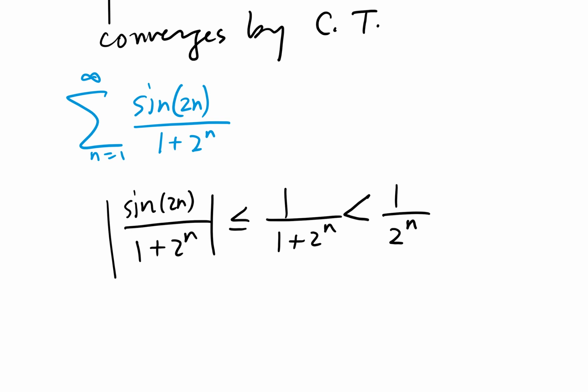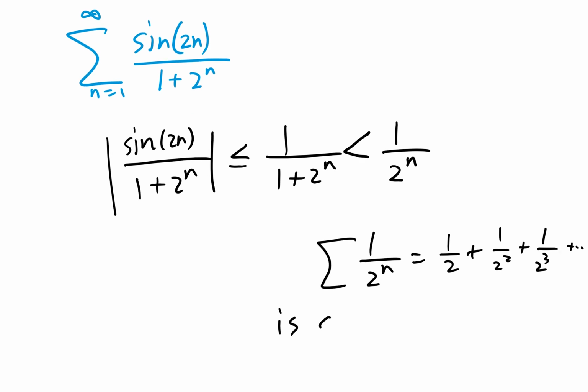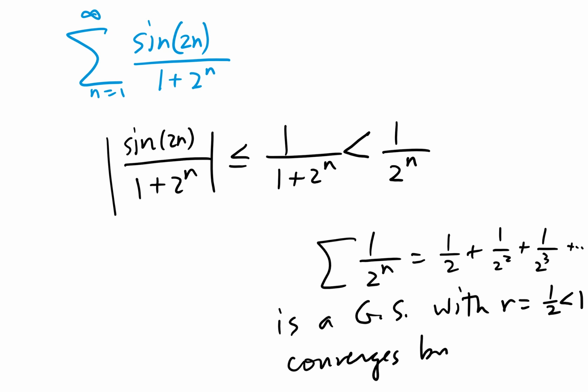So the one on the right side now, if you plug in n = 1, 2, 3, you will see that it's a geometric series. This is a geometric series with common ratio r = 1/2, which is less than 1 and bigger than -1. So this one converges by, let's call it the GST, geometric series test.